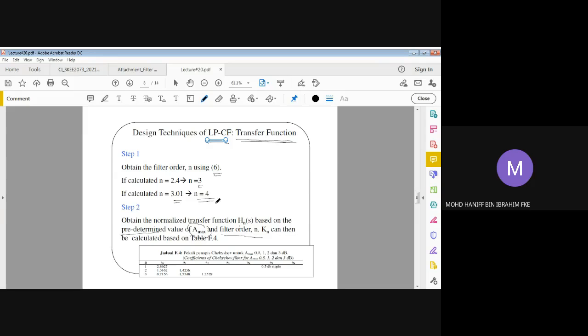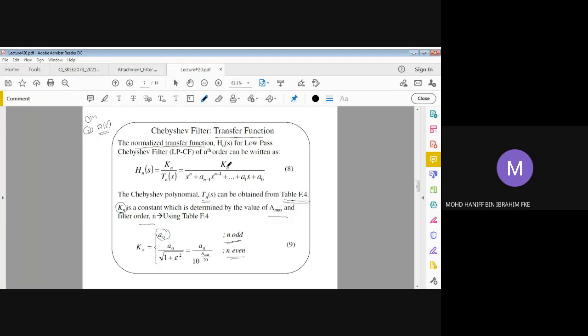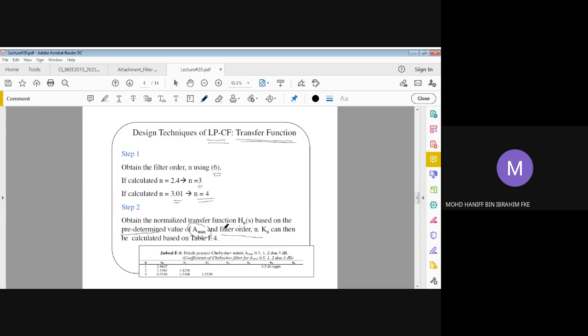Once we have n, whether it's even or odd, you can determine what K_n should be, because K_n, the constant of your normalized transfer function, is based on the odd or even value of your order, as in the previous slide. This is table F4 that I mentioned just now, which should be used for calculating K_n.